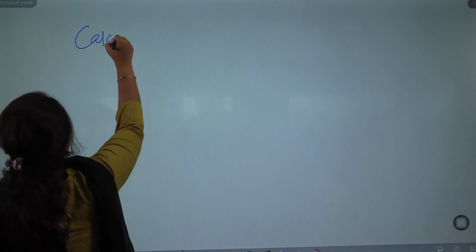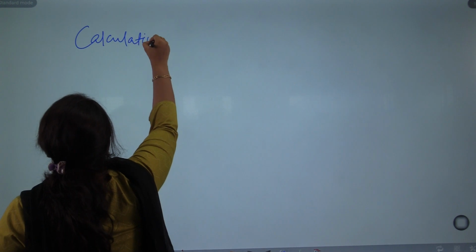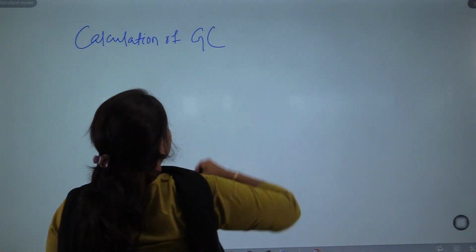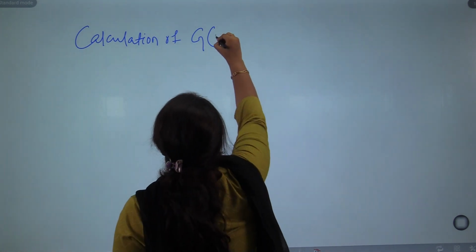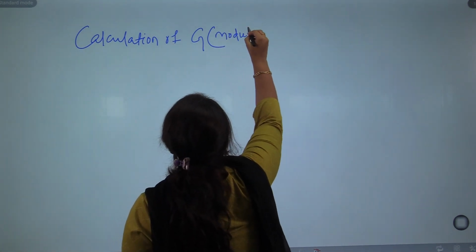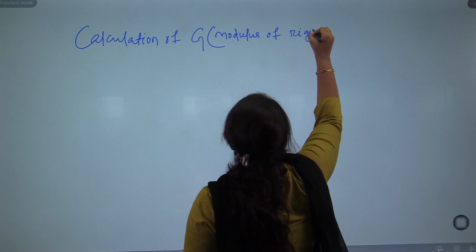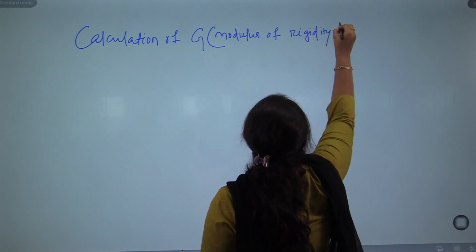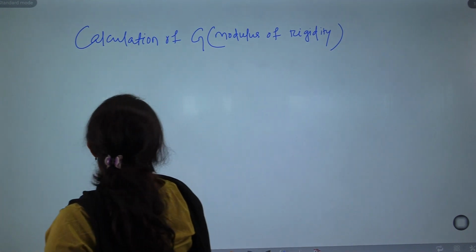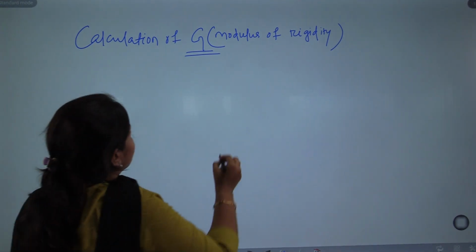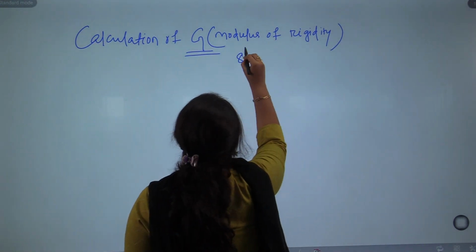To remember, what is G? G is your modulus of rigidity. Also, it is called the shear modulus.